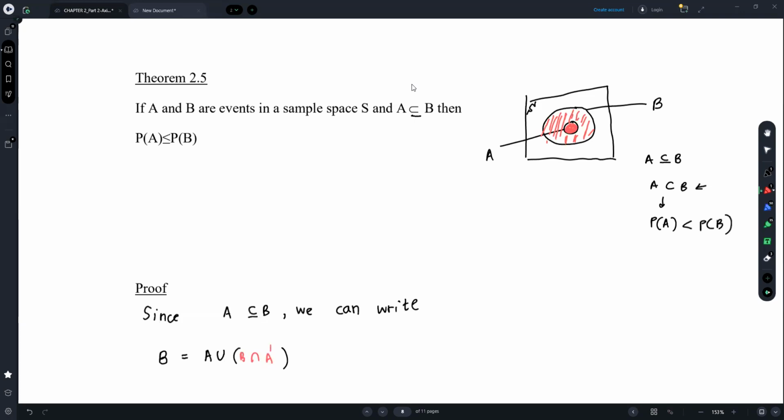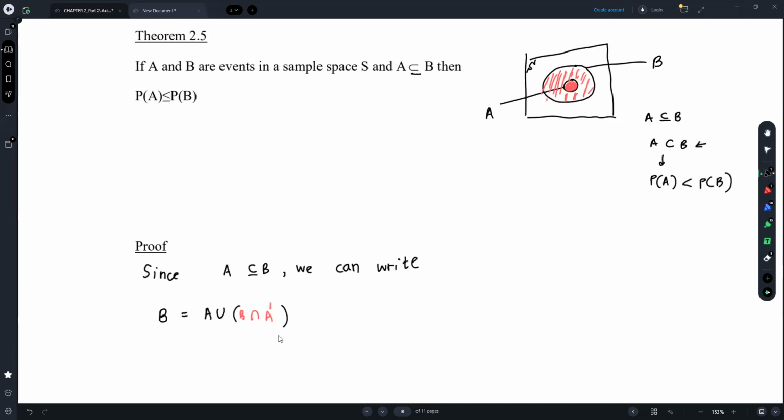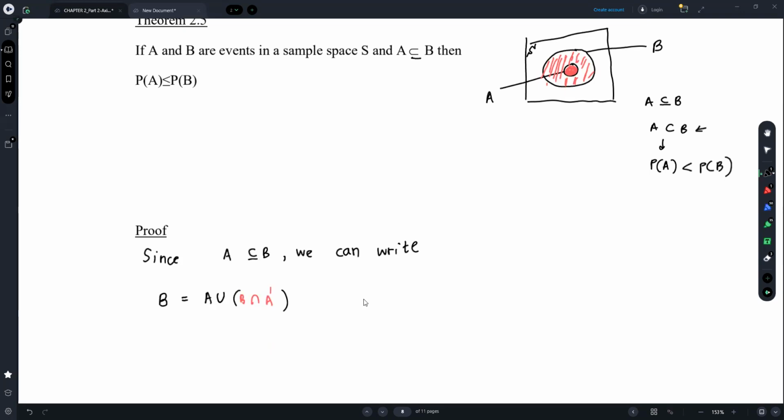So here's the whole B and A's complement. Where they overlap, you get the donut, right? So I can write B as A union B intersection A's complement, where A and B intersection A's complement are mutually exclusive, right?